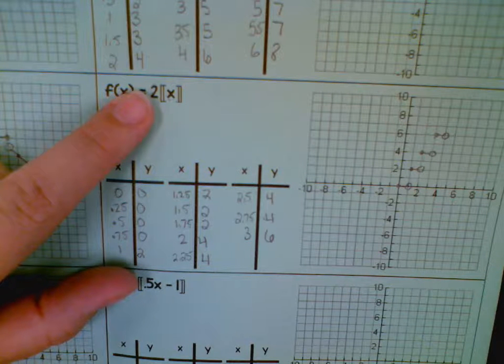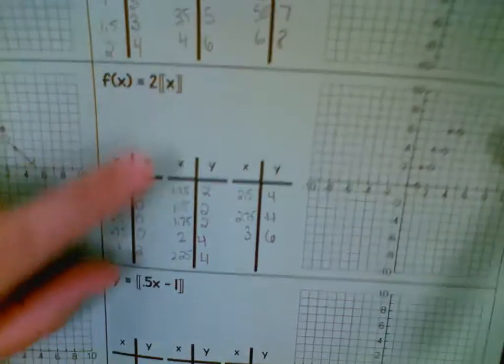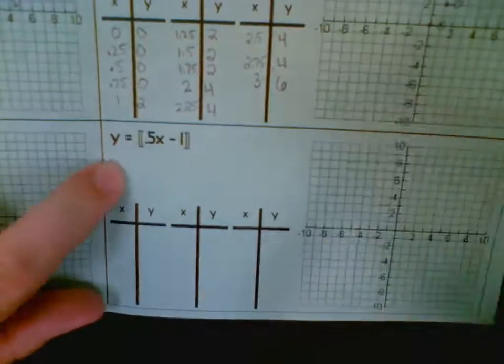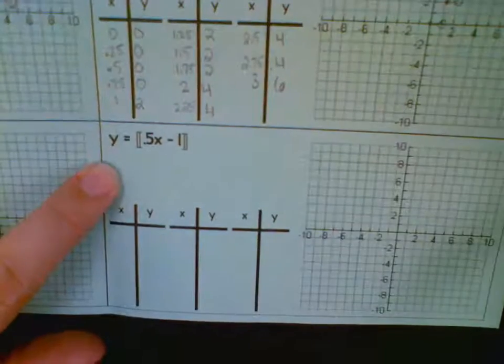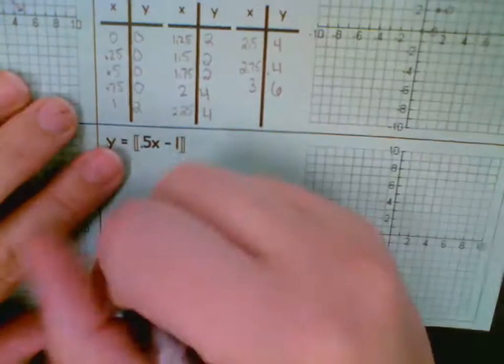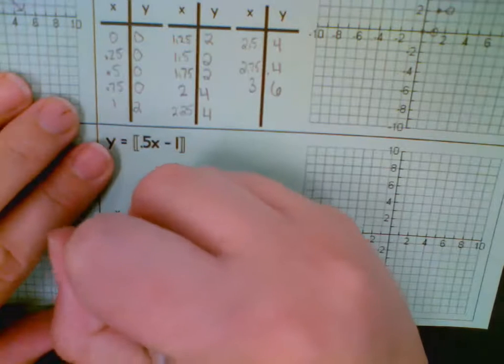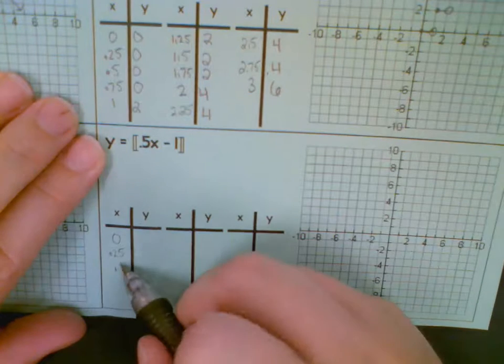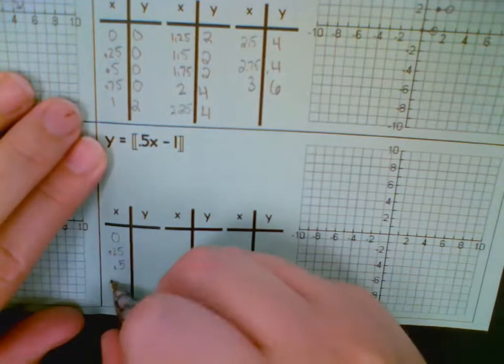So that's it. Okay, so for ones like this last one, with the stuff inside, that means you do all of that and then round that answer. Okay, so I'm going to do the same numbers we did for the last one, going up by 0.25.